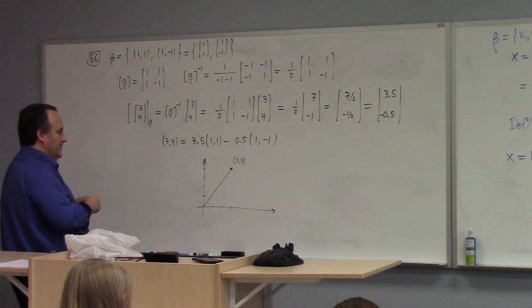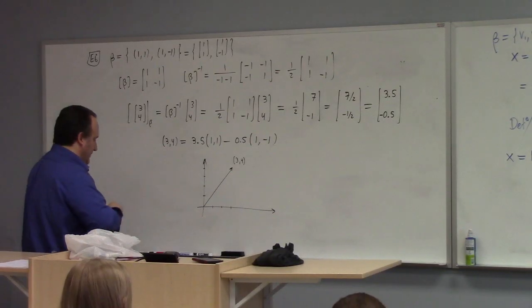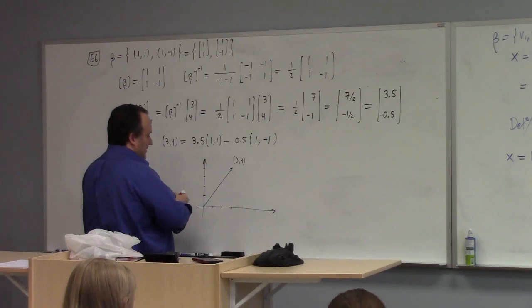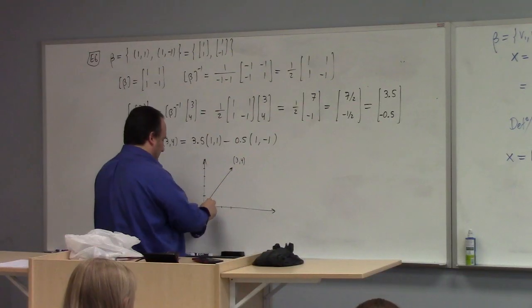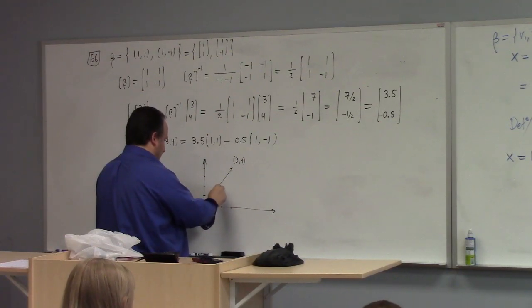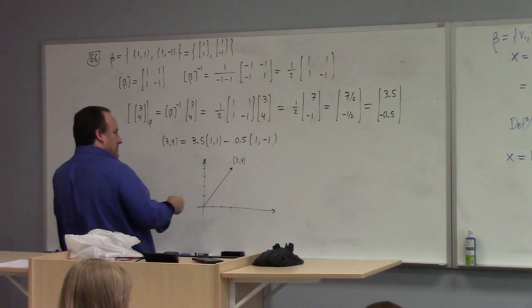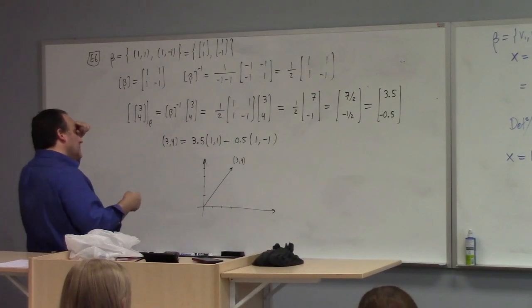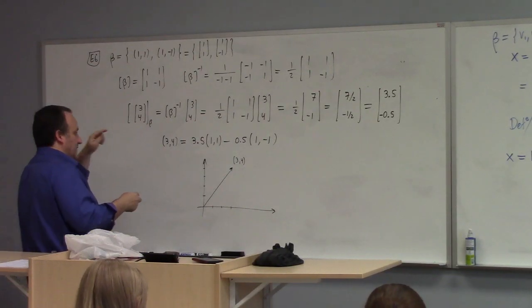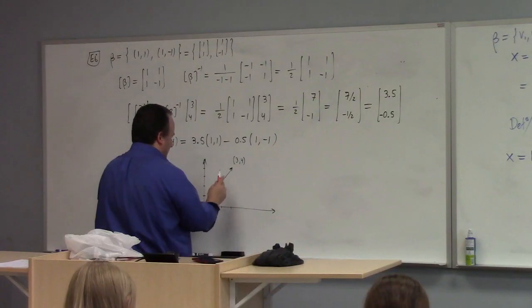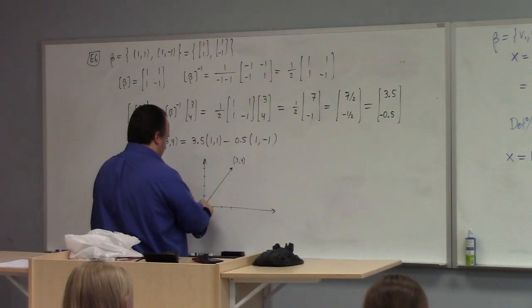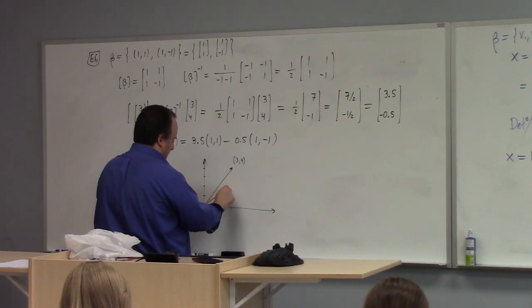And so we can see that as 3.5 times 1, 1. So 1, 1, I need like a ruler. That's length what? Length 5. So if I did this right, it should be something like this, roughly speaking.